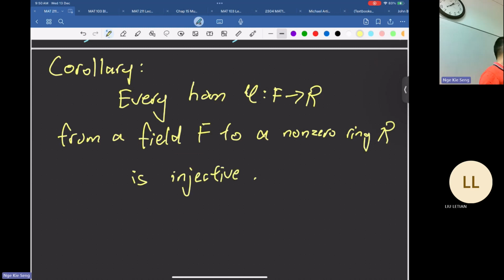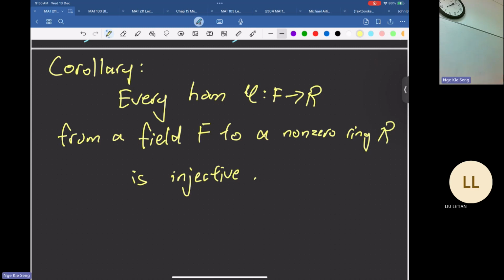This is a very strong result, because it classifies homomorphisms from a field. If you have a homomorphism from a field to a ring, it is always injective. If it is not injective, it is just a zero map, because there are only two ideals. The kernel will be an ideal.